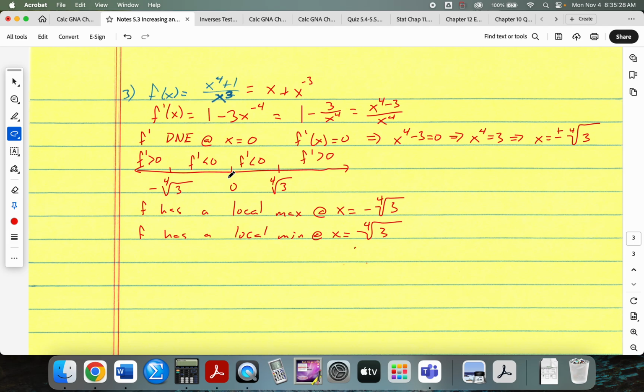So just because the derivative is 0 at that one point doesn't matter. If you think about cubic functions, all right, the derivative is 0 right here, but this function's increasing all the time. Right? It flattens out momentarily. All right, any questions about any of that? Okay.